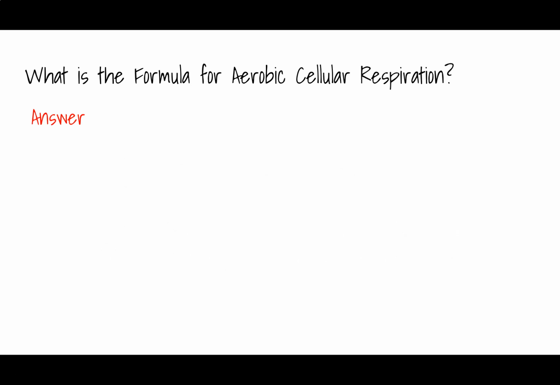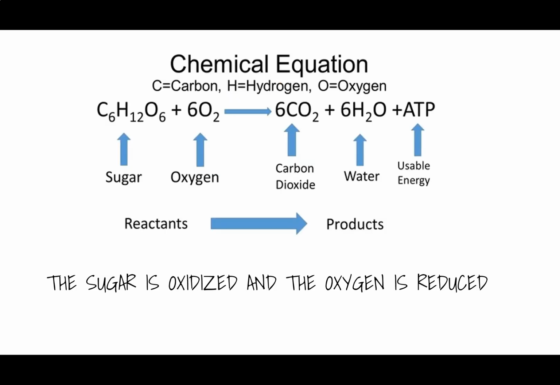So the formula for aerobic cellular respiration assumes that you are dealing with oxygen. So that's your aerobic. The formula is your glucose or your sugar, which you got from eating, or if you're a plant, you got it because you made it. There's the aerobic portion, that's the oxygen.